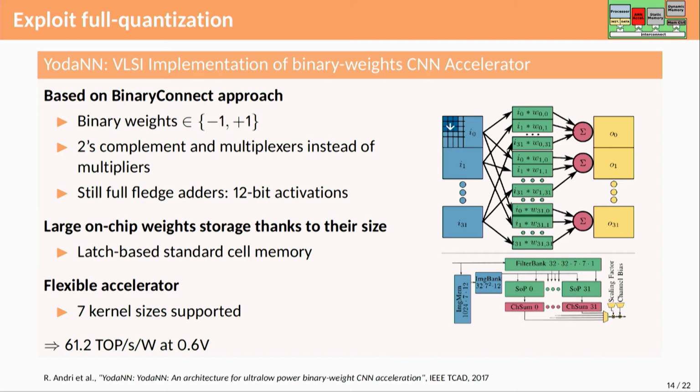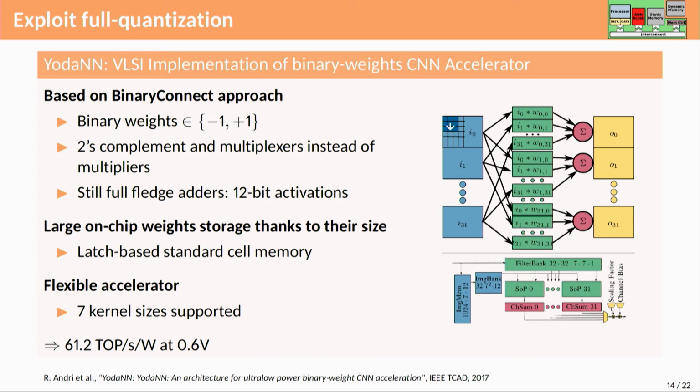Here the idea is that multiplying by -1 is doing the complement, multiplying by 1 is just passing the value, so you can replace multipliers by very simple circuits. Still, you will still need normal accumulators. And in that situation, they were using a 12-bit activation to have the required accuracy. And 12-bit activation is still quite a bit.